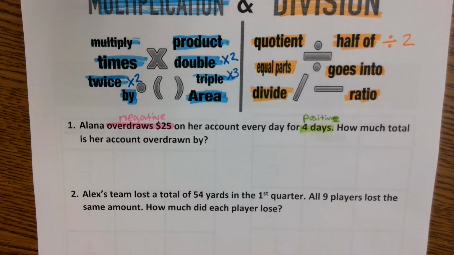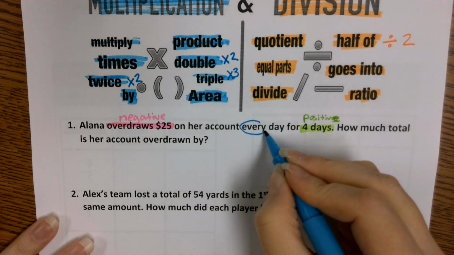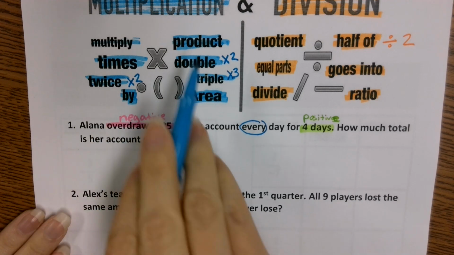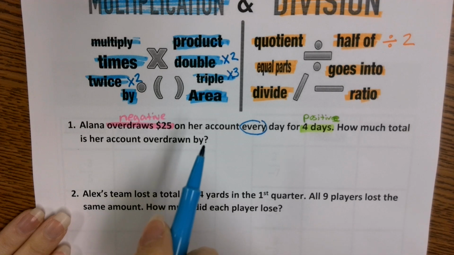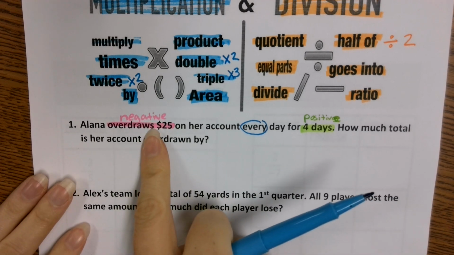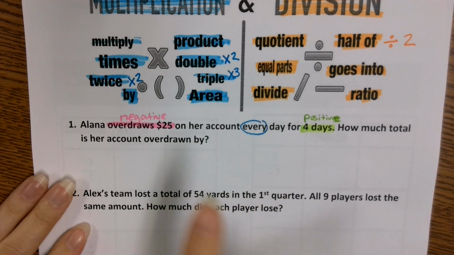We want to know how much total is in her account overdrawn by. She's going to do this every single day. So that keyword every can represent multiplication. Okay, remember these were just a couple of little phrases here that we can use, but every is also another phrase that can be utilized as a multiplication problem. We're doing this today, we're doing it tomorrow, we're doing it the next day, we're doing it for the 4th day, 4 days in a row.